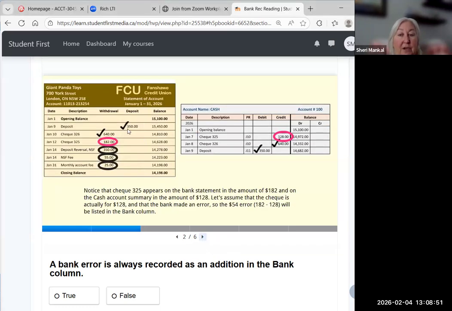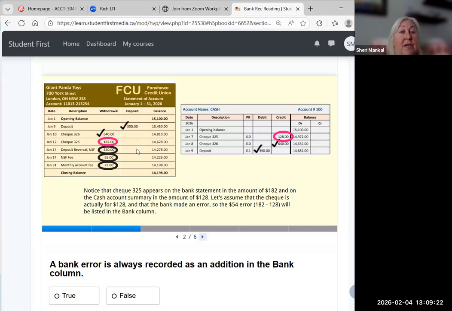So here we go. The $350 deposit, we have it over here. The $640 withdrawal, we have it over here. So those two things are the only things that match on the two statements. So now let's have a look. We have this check 325, but the bank withdrew $182. We only withdrew $128. So I'm going to circle both of these items because they don't match.